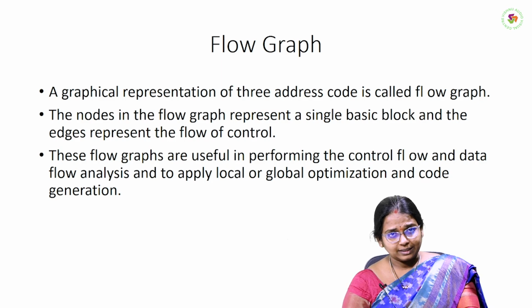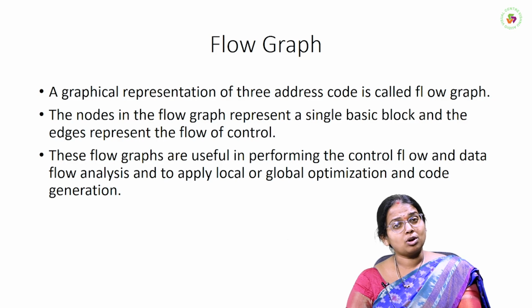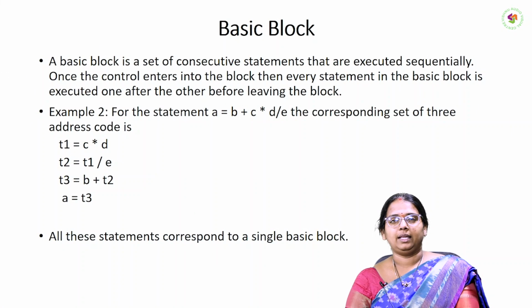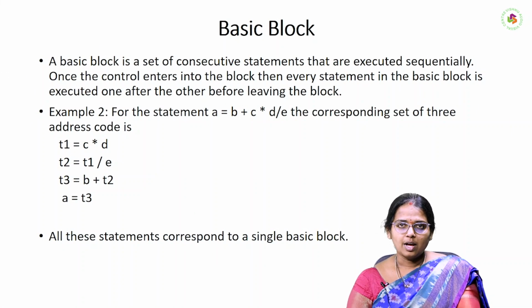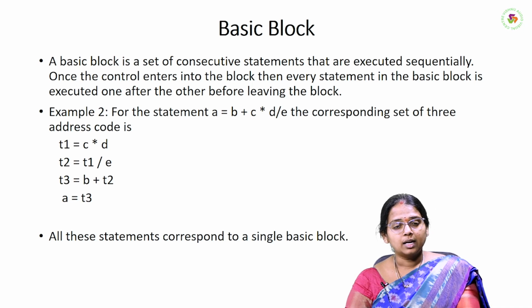Based on that analysis, we may apply local level or global level optimization. To construct a flow graph, first, from the intermediate code, we need to identify the blocks. After identifying the blocks, the flow graph is constructed according to how the flow goes.